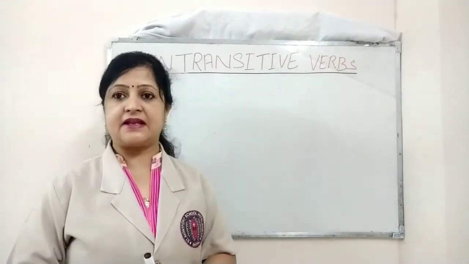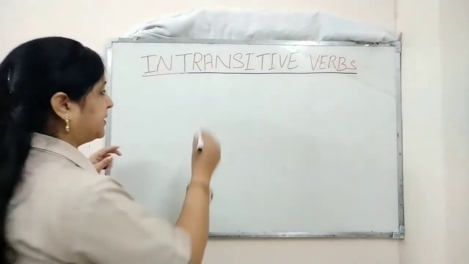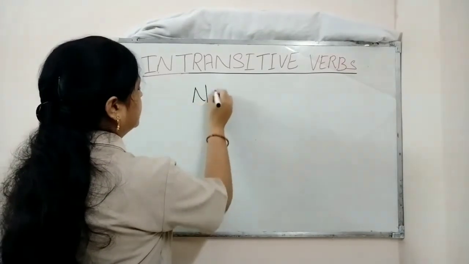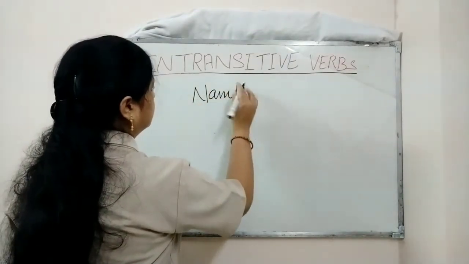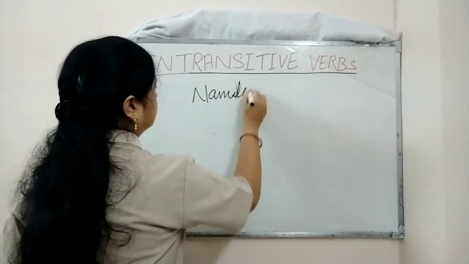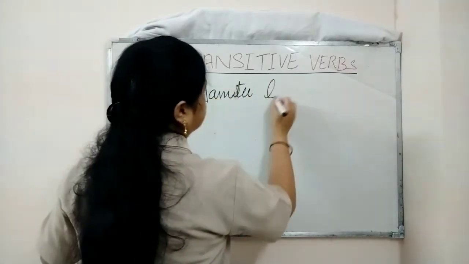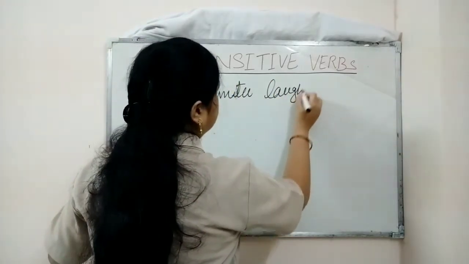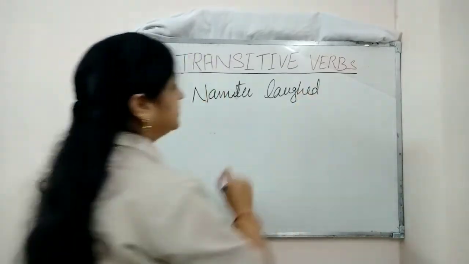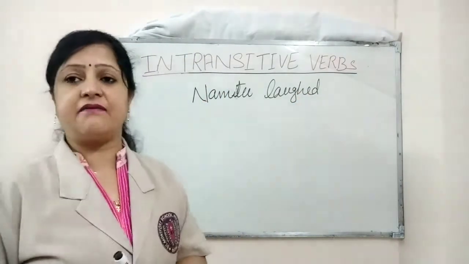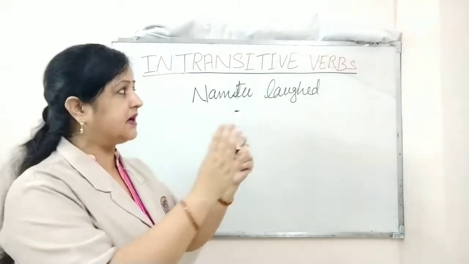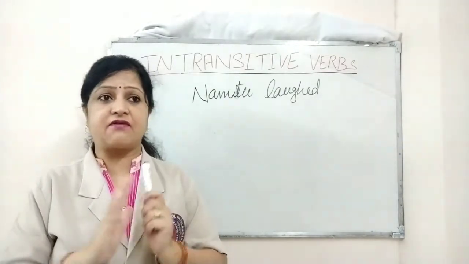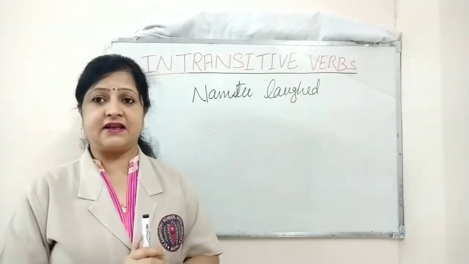So let's take one example here. The example is Namita laughed. So I am writing the example here. Namita laughed is giving us complete information. It does not require any object here.